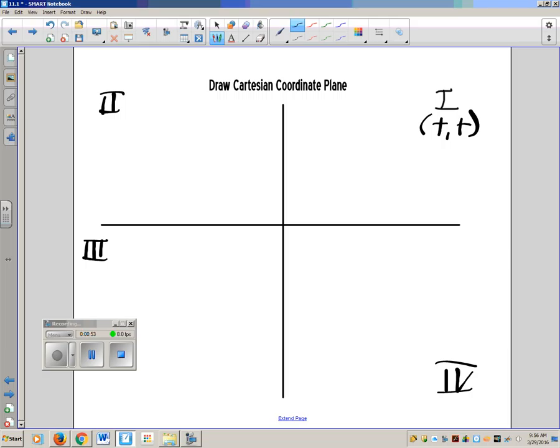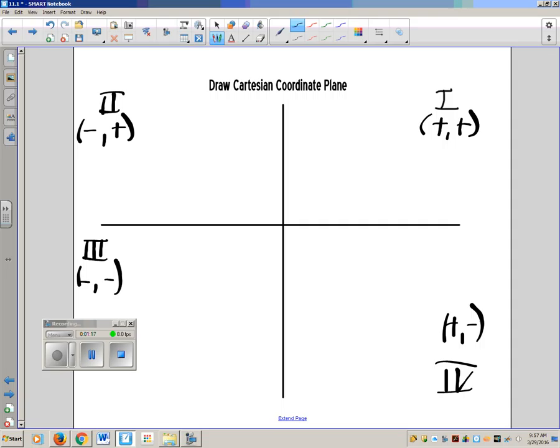Quadrant 2 is negative, positive. Quadrant 3 is negative, negative. And quadrant 4, positive, negative.